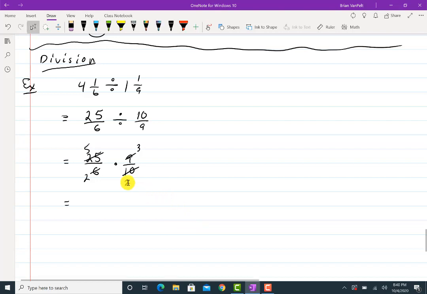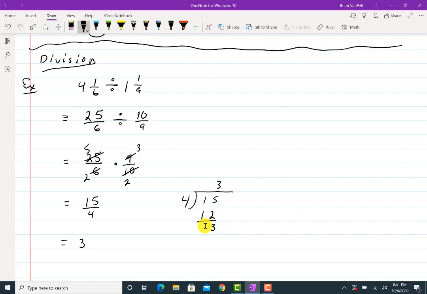So when all is said and done, I have 5 times 3, so that's 15 over 4. And I'll finish it off by finding out what that is as a mixed number. 4 times 15, 4 goes into 15 3 times, and there's a remainder of 3. So I have the quotient, remainder, divisor.